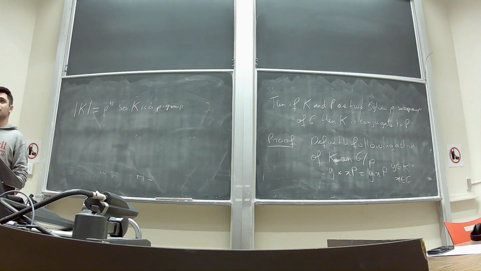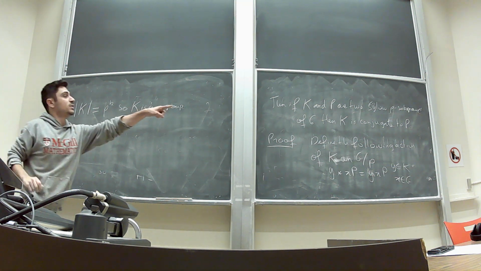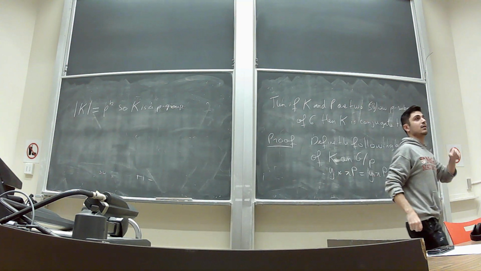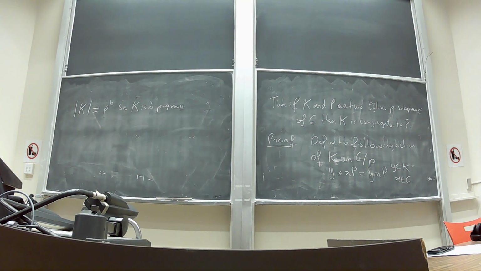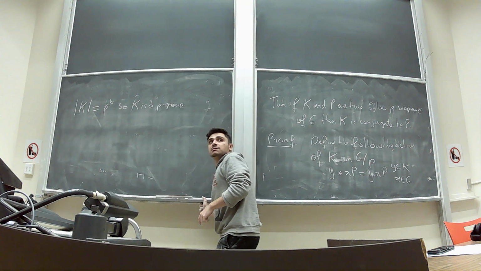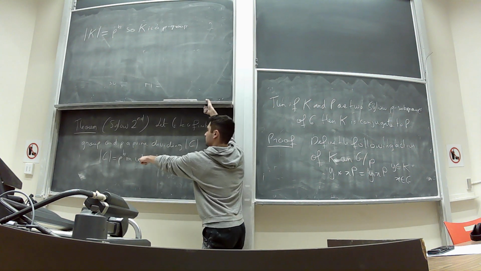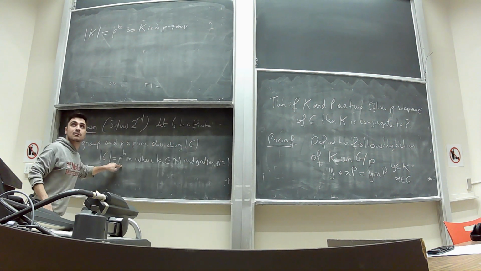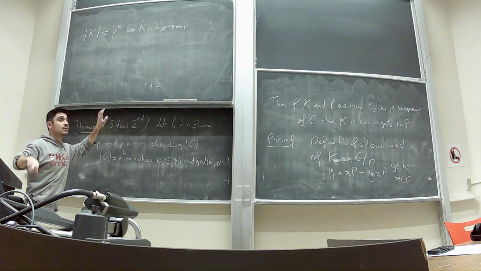Agreed? How do we know that that's the size of K? Sylow P subgroups: their order is the maximal power of P that divides G. Clear?